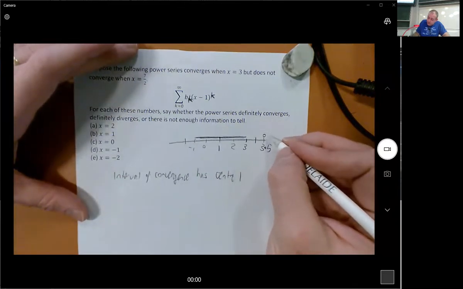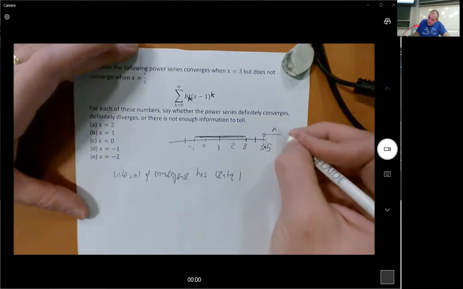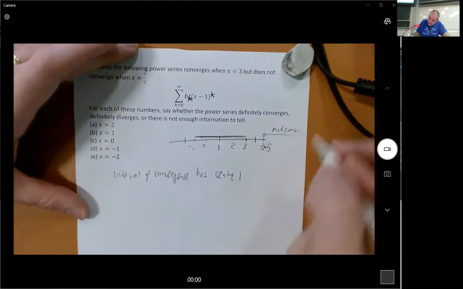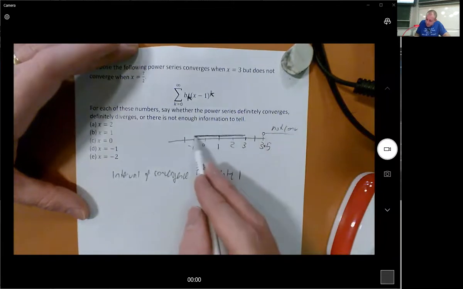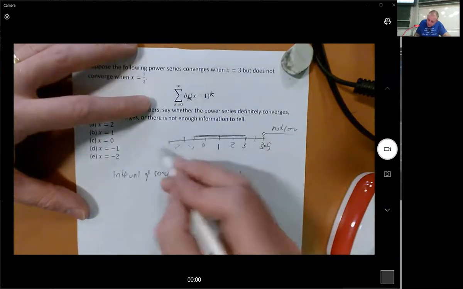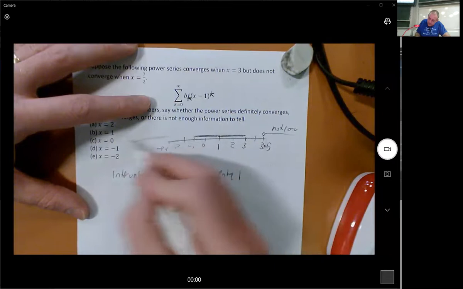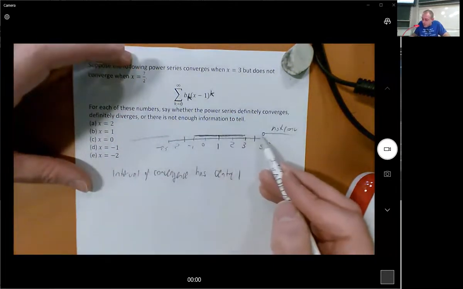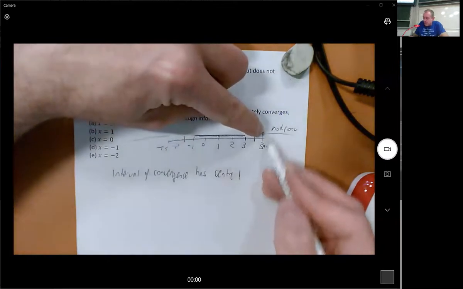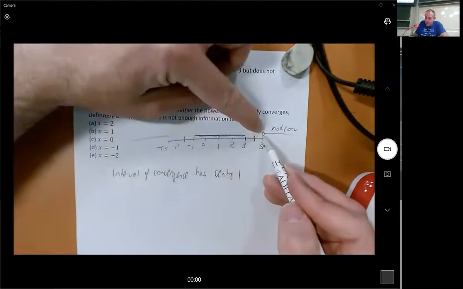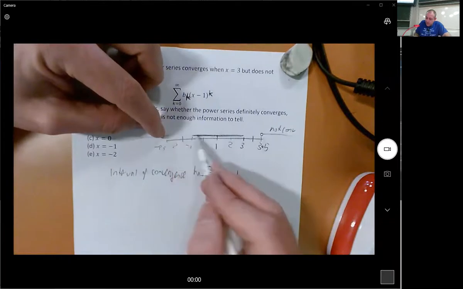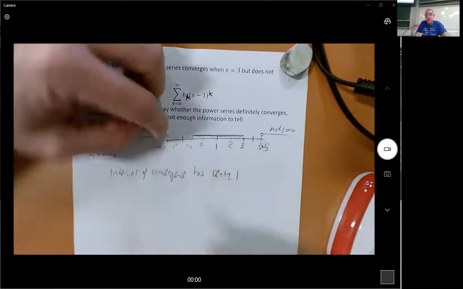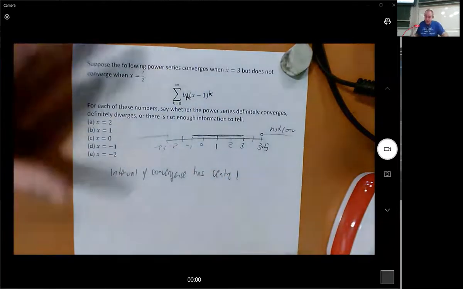Okay, so everything after that, it's going to not converge. And so when we go down 2.5 from the center, it definitely doesn't converge at minus 1.5 and below. But I don't know what's happening in between. It could go all the way up to 3.5 and just not converge at the very edge there. Could go all the way down to minus 2.5, and it could even converge at minus 2.5 because it's allowed to converge at one end but not the other.